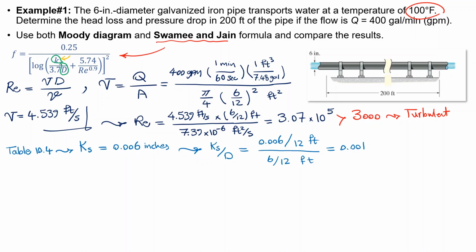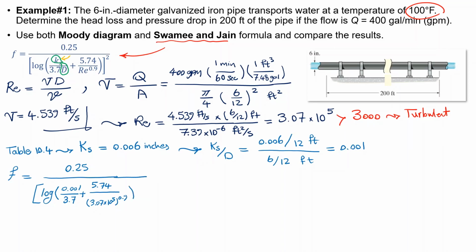All right, now let's write down Swamy and Jain equation. F can be calculated based on Swamy and Jain equation. We have log of 0.001, which we just calculated, divided by 3.7 plus 5.74 divided by Reynolds number, which was 3.07 times 10 to the power 5, to the power 0.9, and the entire thing is to the power 2.